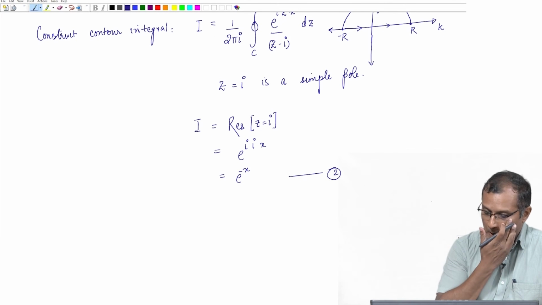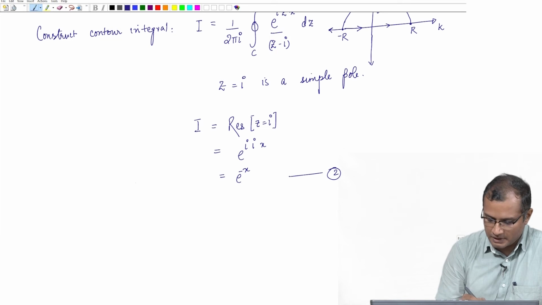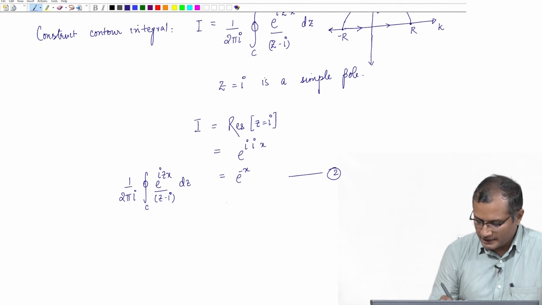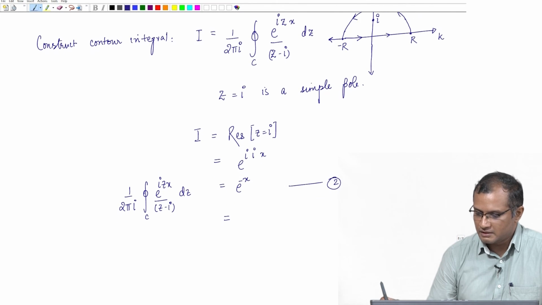Now, I can also write down my integral I. So, this I is nothing but 1 upon 2 pi i contour integral of e raised to i z x over z minus i dz. I can also write down the left hand side as a sum of the straight line segment and the semicircular segment on the contour.